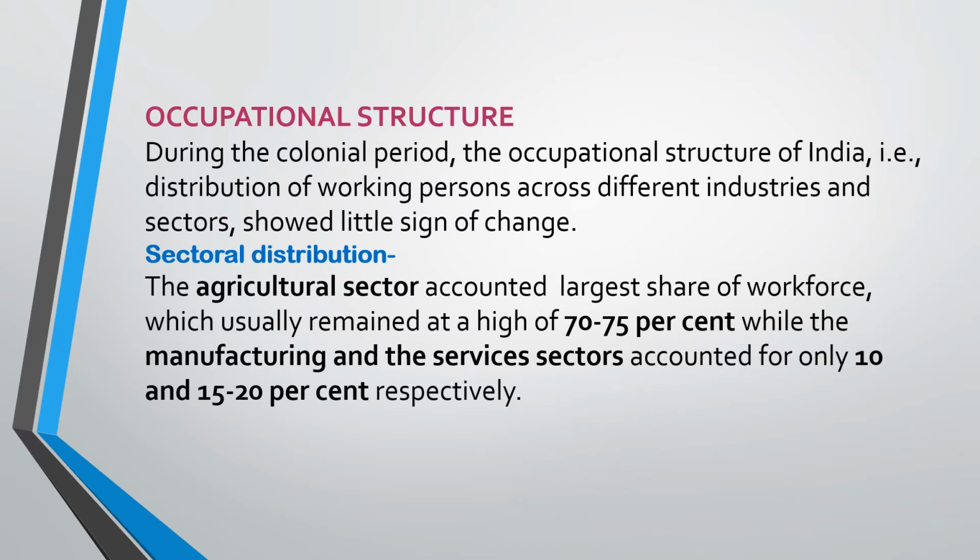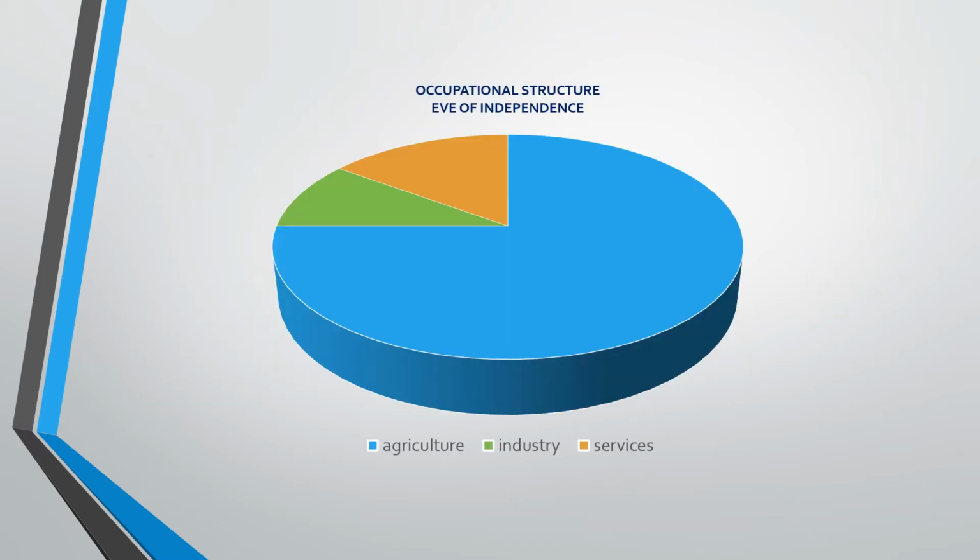Okay, that means manufacturing sector only 10% and 15 to 20% service sector. So this is a pie chart. Here you can see a large amount of the workforce depends on agricultural sector. Okay. And industrial sector or secondary sector only 10% and 15 to 20% is service sector.